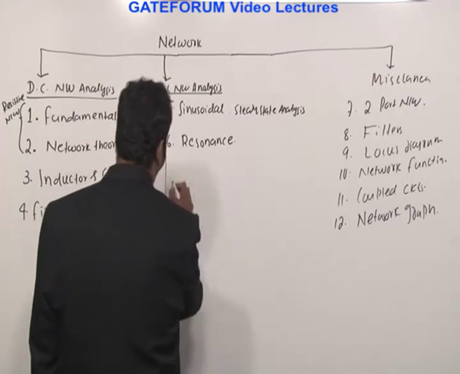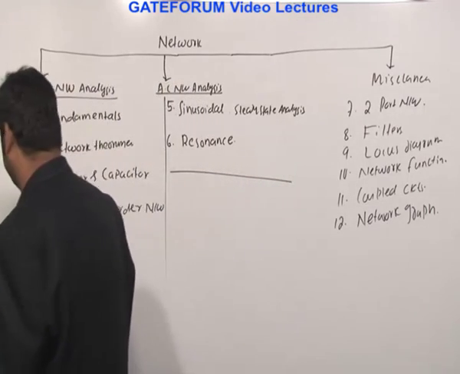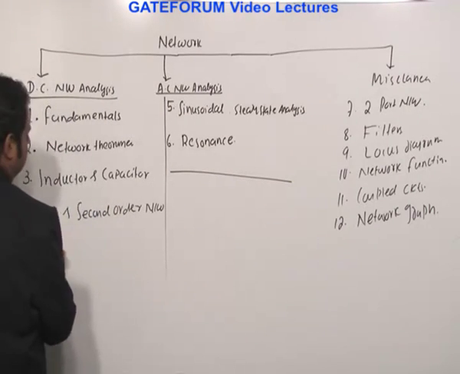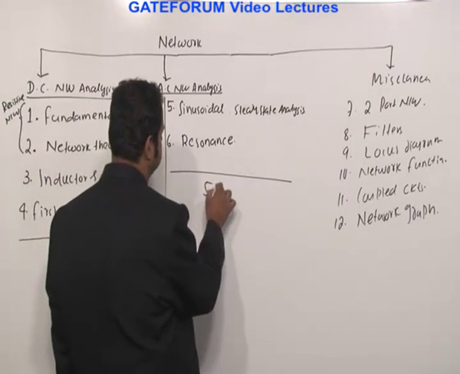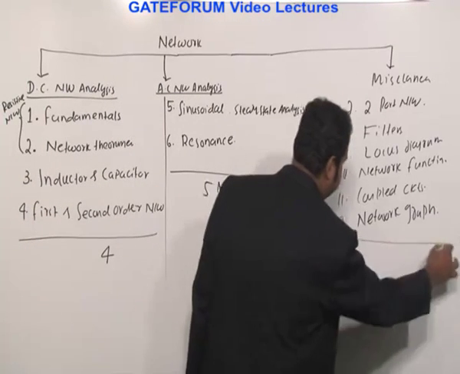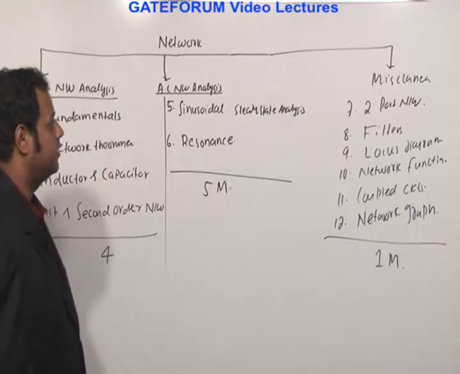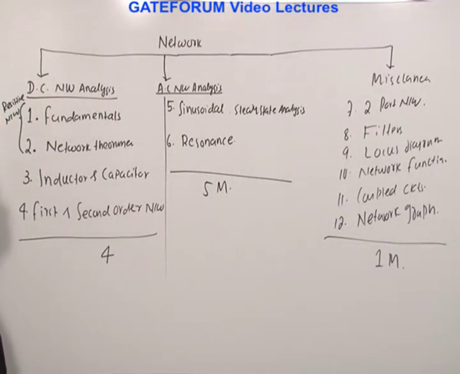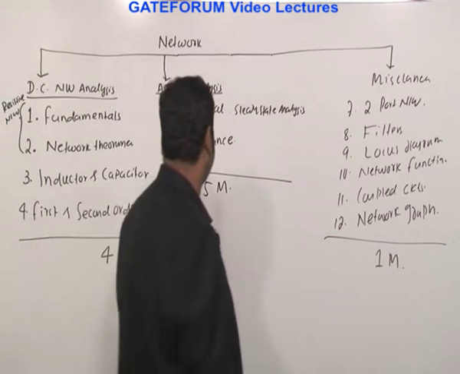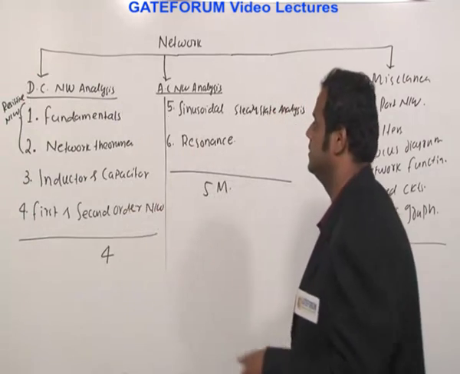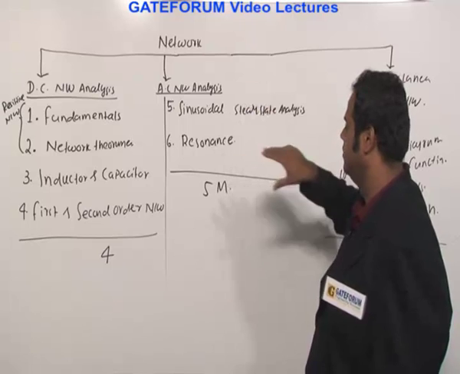If I say that 10 marks are coming from this entire set of topics, you can expect 4 marks from this, 5 marks from this, and 1 mark from this. If you do the analysis of the previous 10-15 years of papers, this is the rough estimation you will get. But nowadays, if you see 2014, 15 and 16, these two topics are highly weighted, they are touching most of the questions.